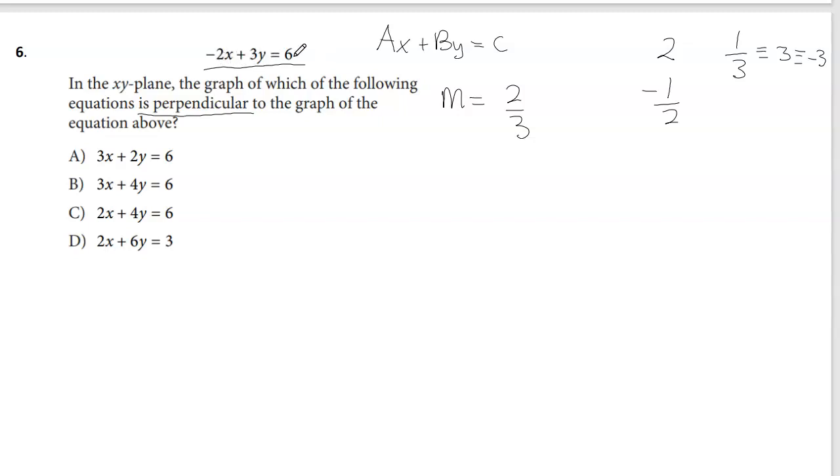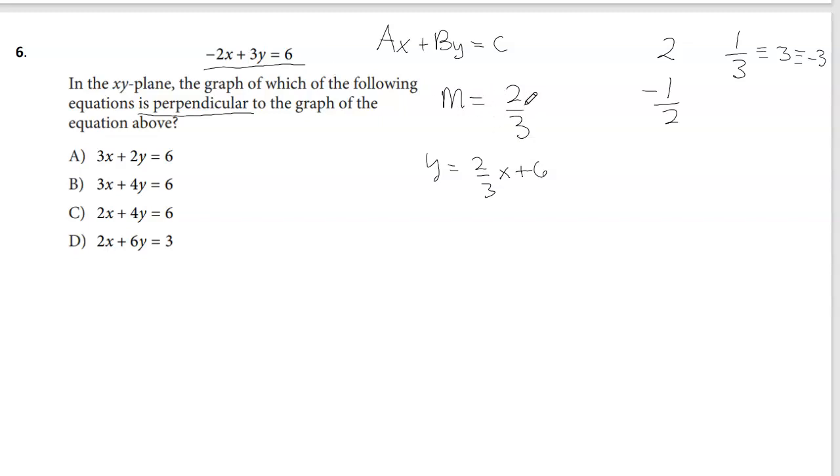And then you bring all the x variables to one side. It's going to look like this. y is equal to 2 over 3 x plus 6, basically, right? That's if you rearrange this, right?